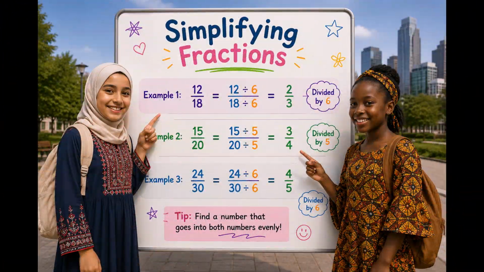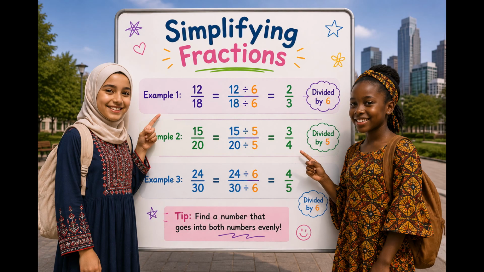All right, let's practice. This is simplifying fractions. We see the fraction in example 1, 12 over 18. In order to simplify that fraction, we need to divide by a number that divides into both 12 and 18. But we need to go as high as possible so that we can break this fraction down as much as possible.